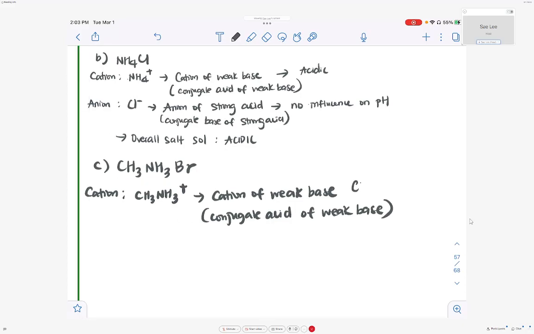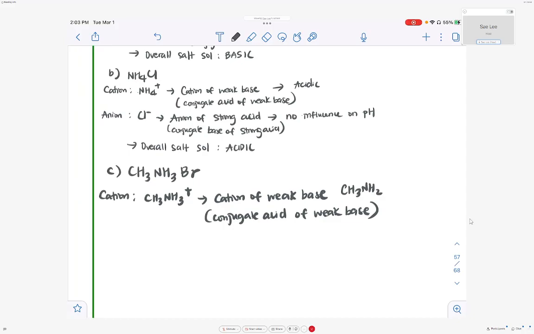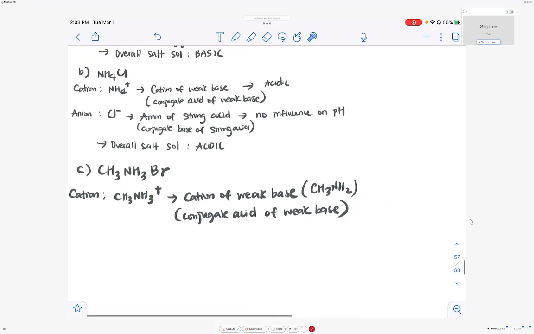What base? This is an amine. So this is a cation of weak base. Then what effect does conjugate acid of weak base have in aqueous solution? They will have acidic effect.